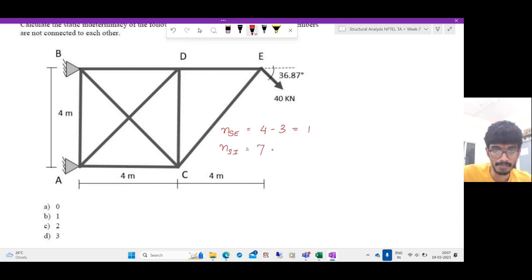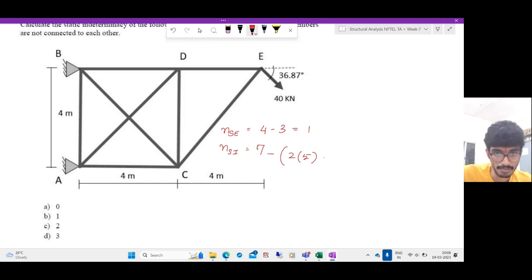There are 7 members, which means there are 7 member forces which are unknown. And how many joints do we have? How many equations do we have? We have 2 at every joint. So there are 5 joints. Wait, 1, 2, 3, 4, 5, 6, 7, 8.